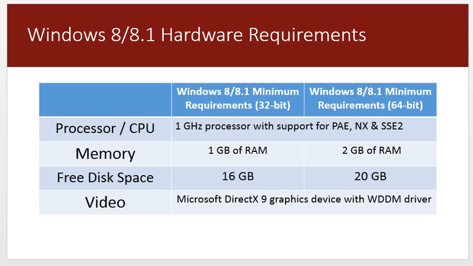Free disk space: the 32-bit version needs 16 gigabytes of free space, whereas the 64-bit version needs 20 gigabytes. For video, you need a Microsoft DirectX 9 graphics device with a WDDM driver, which is the Windows Display Driver Model.